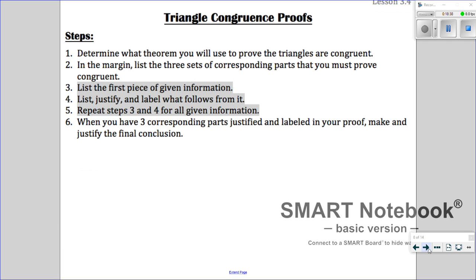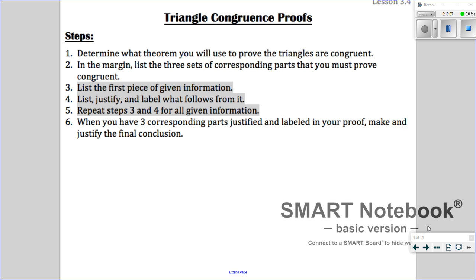So when it comes to doing proofs, when you have a statement and reason, especially when you have to prove that triangles are congruent, there are steps that you have to follow. First, determine what theorem you will use to prove the triangles are congruent. Then in the margin, list 3 sets of corresponding parts that you must prove congruent. Third, list the first piece of given information. Then 4, list, justify, and label what follows from it.